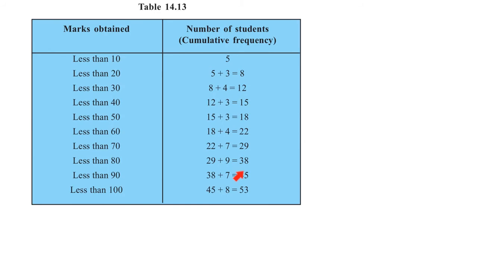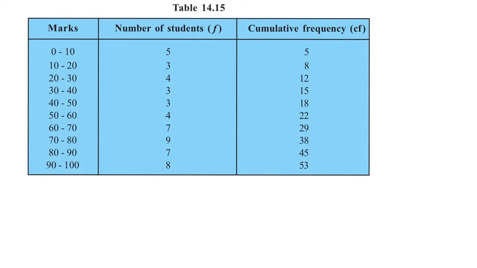So we can form a table of this for our classes. So let us see how that new table looks like. So we have arranged the table. This is the class interval which was originally given. These were the number of students, and we came up with a cumulative frequency of less than marks, and we got this.